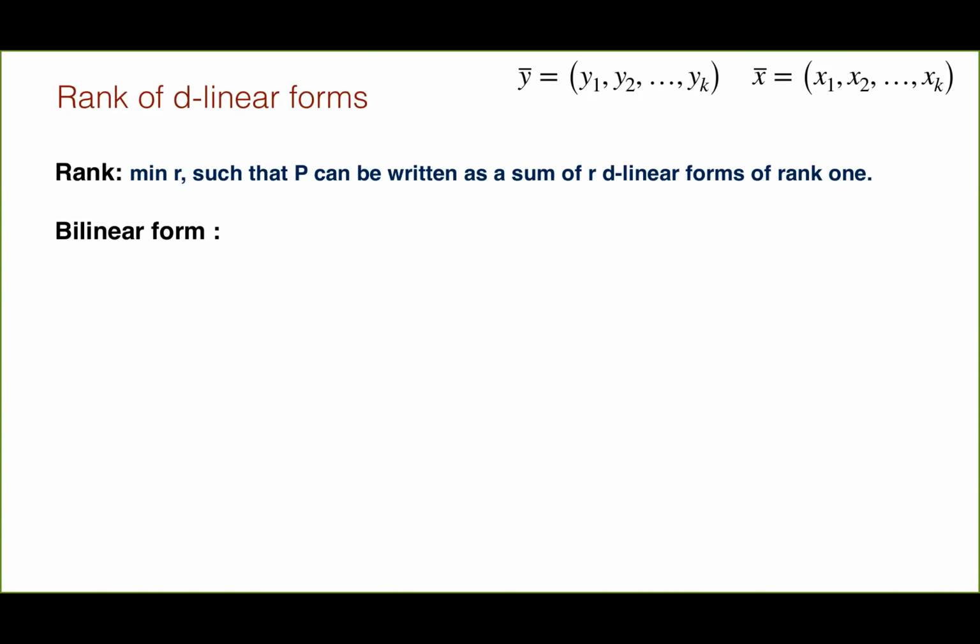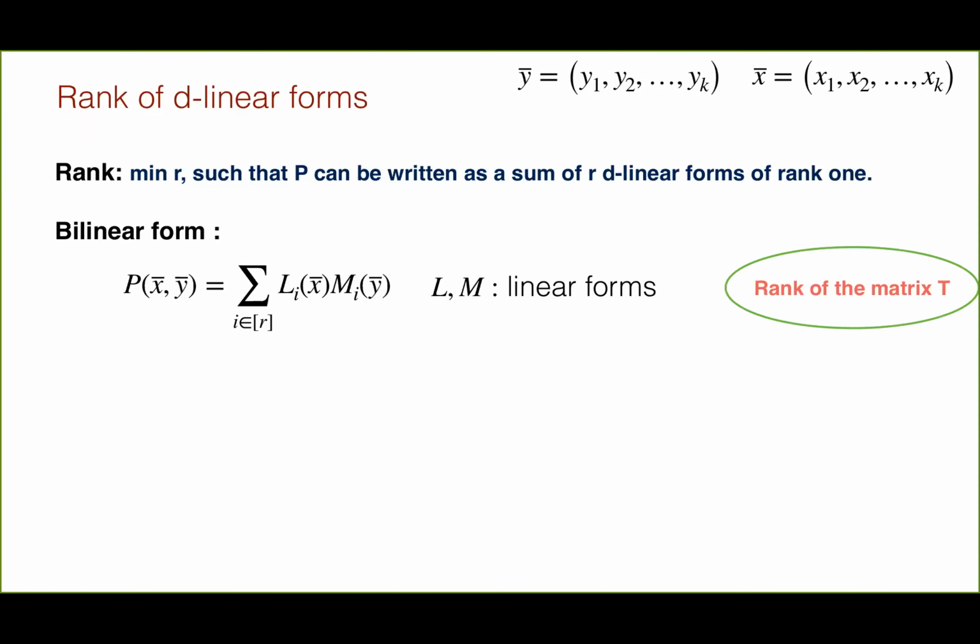Again by example, for a bilinear form, it means that you can write P as a sum of R terms, and each term is a product of a linear function in x and a linear function in y. Each L and M here is a linear form. And for the other view of a bilinear form, the matrix associated with it, it's not hard to observe that the rank of the form P is precisely equal to the rank of the matrix T.